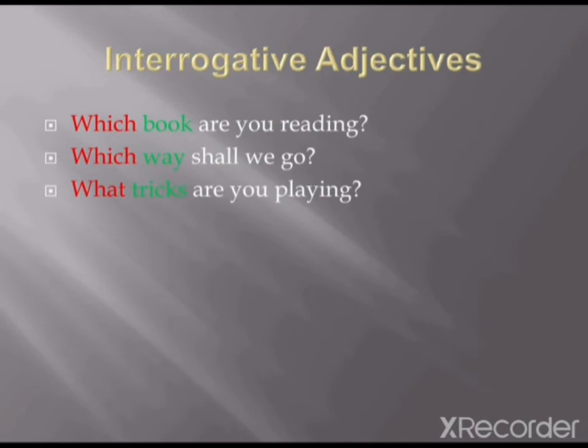Look at these sentences where which and what are used as interrogative adjectives. Here in these interrogative sentences, the interrogative pronouns are placed before nouns like book, way, and tricks. Therefore, they are interrogative adjectives.